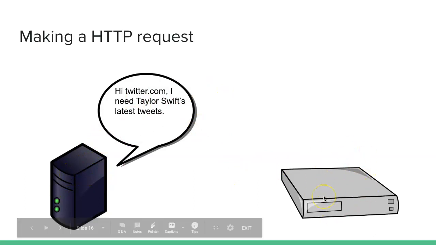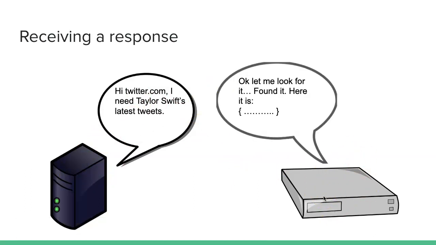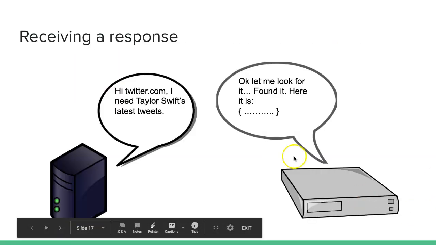Hey, I need some Taylor Swift tweets, and the server is going to take a look at what you requested, that specific URL you requested. And if everything went well, the Wi-Fi didn't shut down, and you made a correct request, the server then will send you some kind of response.